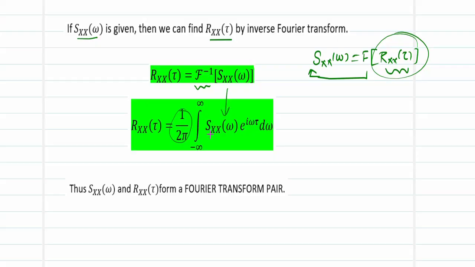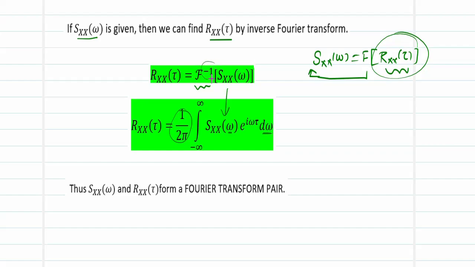Take your input Sxx of omega and note that you have an exponential function of e power i omega tau, and the input function over here is with omega. So integrate it with respect to omega. There is also a shortcut to remember this.